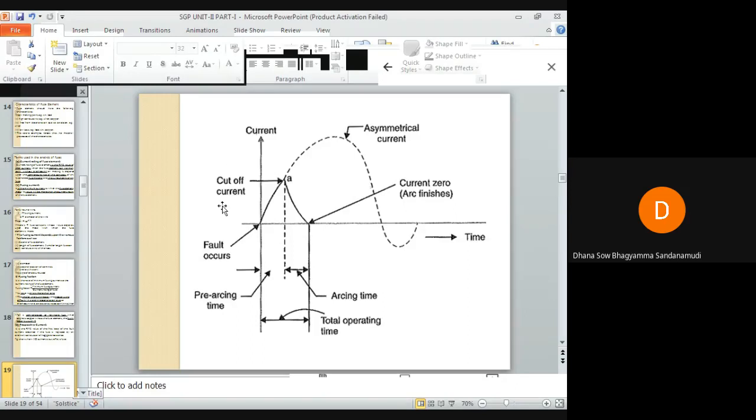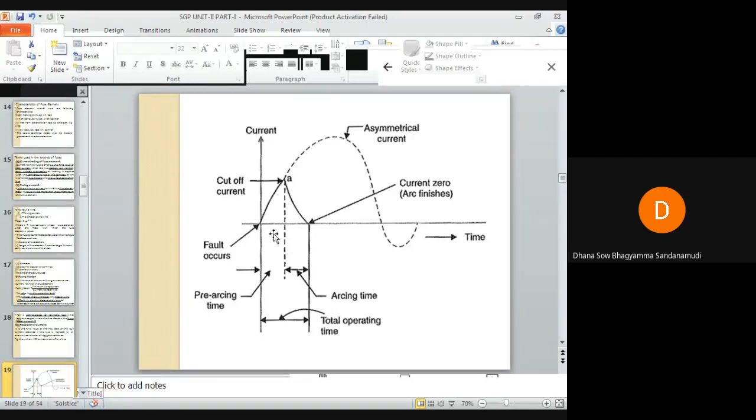Let us first discuss the cutoff current. You can see here cutoff current, I have mentioned here as point A. It is the maximum value of fault current actually reached before the fuse melts.